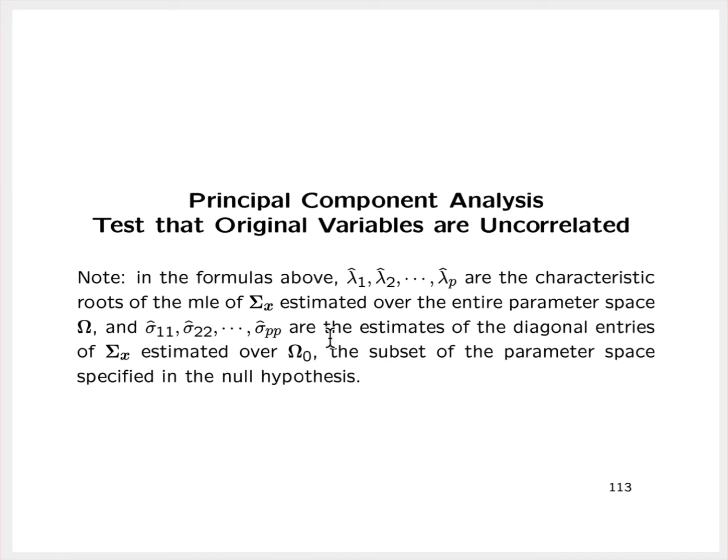Remember that the sigma hats are the estimates of the diagonal entries of capital Sigma estimated over the subset of the sample space that is represented by the null hypothesis. In this case, these sigma hats would be estimated from the estimate of the covariance matrix that is determined under the condition that the covariance matrix is a diagonal matrix.